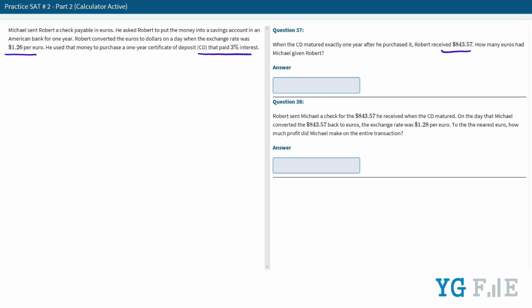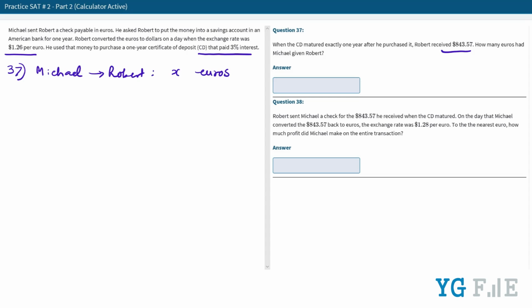So let us first try to understand the information. Michael gave Robert some euros that we don't know. So let us call that he gave some X euros.